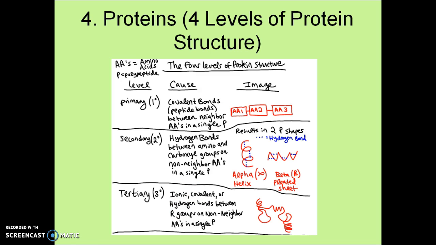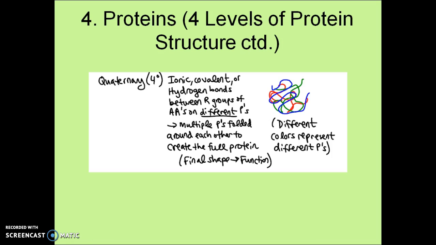And remember, R groups are different for all the amino acids. So depending on which amino acids you have in your polypeptide, you're going to have lots of different interactions between the R groups on amino acids within that polypeptide. So we see lots of different crazy structures forming at the tertiary level. At this point, we're still within a single chain of amino acids, a single polypeptide.